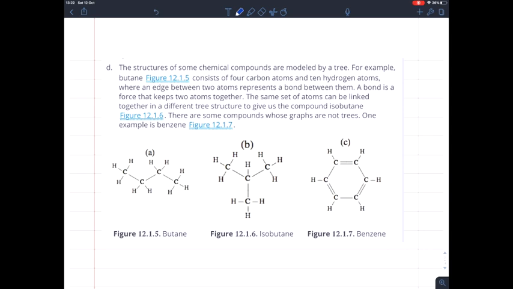There are certainly some compounds whose graphs are not trees, for example, benzene, but there are also many, like butane and isobutane, which are described by trees. And in fact, when chemists are wanting to do computations around molecular structure, they can use some of the algorithms which we will develop for working with trees.